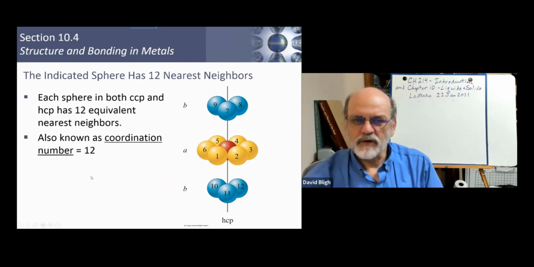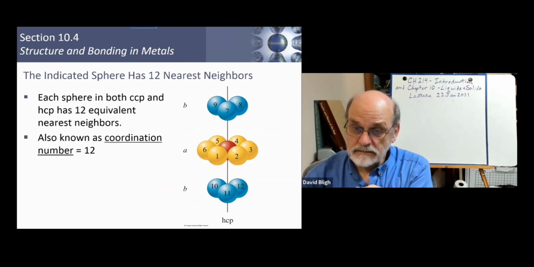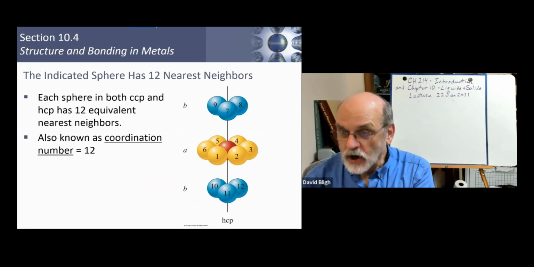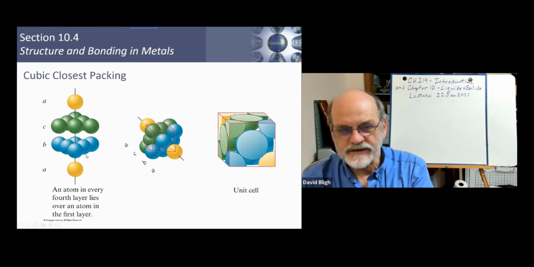What do we mean by coordination number? If you pick one atom, how many other atoms are touching it? In this example, you have 12 in this face-centered cubic closest packing.